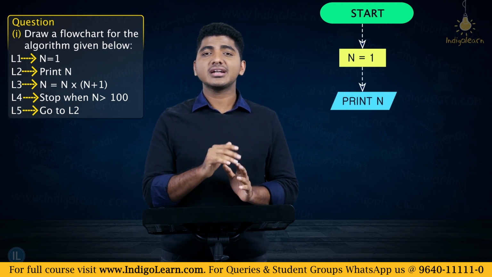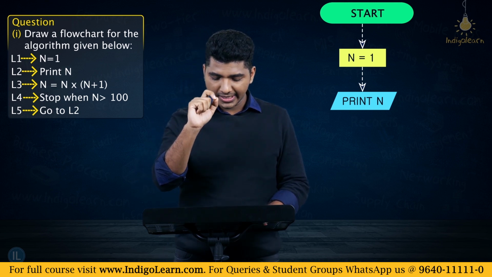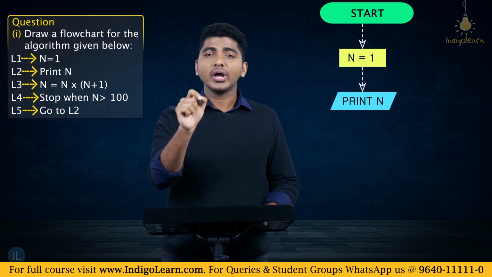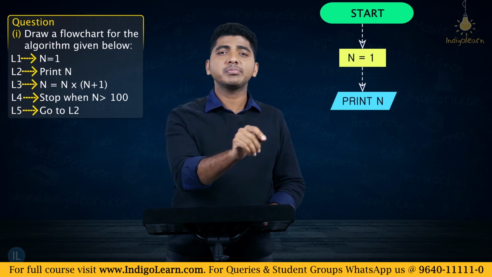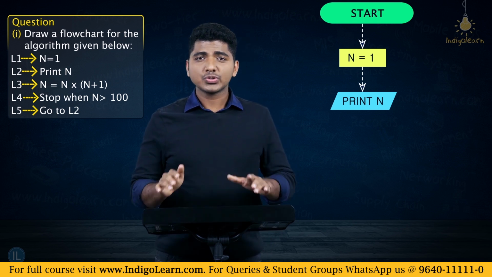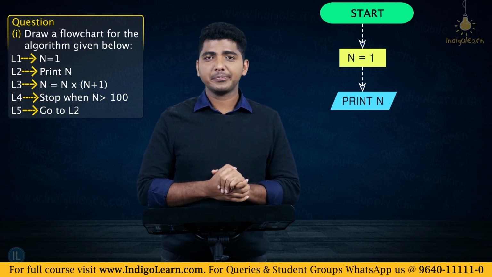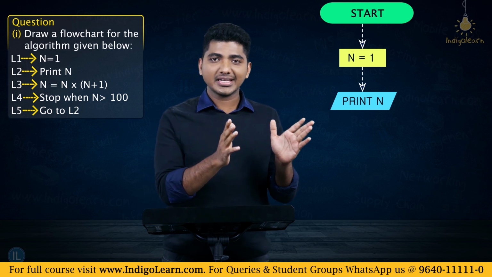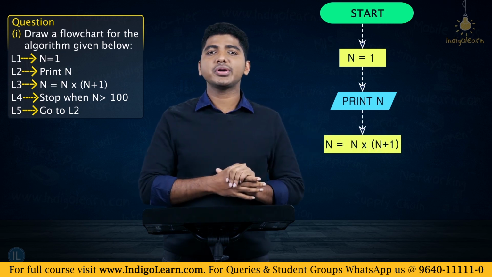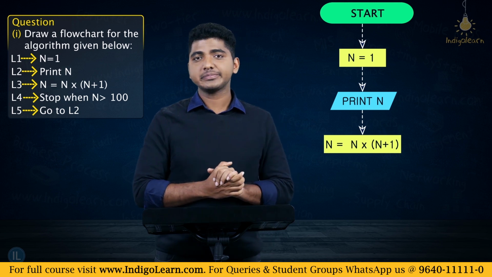Next they are talking about a computation. What is the computation? They are saying n is equal to n into n plus 1. If you want to make this computation, which shape are you going to use? It is a rectangular shape. So in a rectangular box you are going to write n is equal to n into n plus 1.